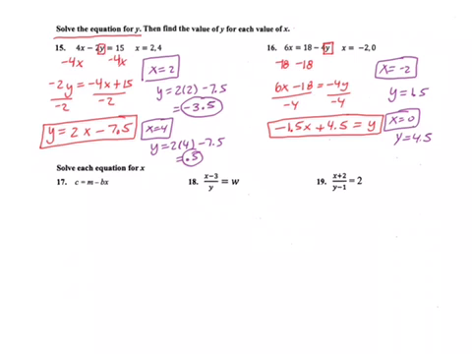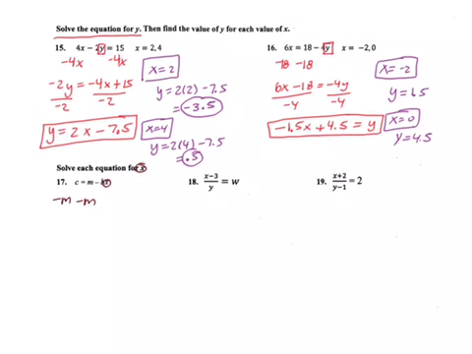All right, in 17, 18, and 19, they ask us to solve the formulas for the given variable. In 17, they want us to solve for x. 18, we're solving for x, and 19, we're solving for x as well. So we're trying to get x by itself in 17. First step, we're going to subtract m from both sides.